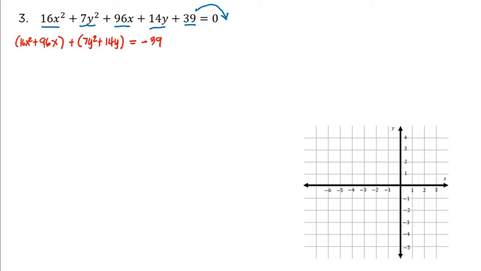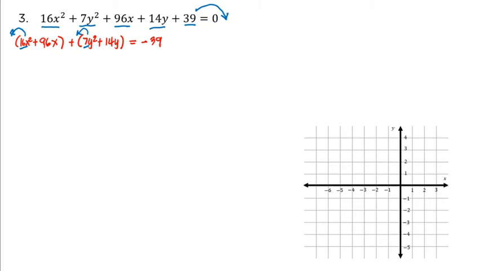Okay? Next, we will now complete the square. But before that, you need to make sure na ang leading coefficients natin dito ay equal to 1. But here, you can see that the leading coefficients ay 16 at 7. So which is not 1, right? So what we're going to do is to factor out these coefficients.